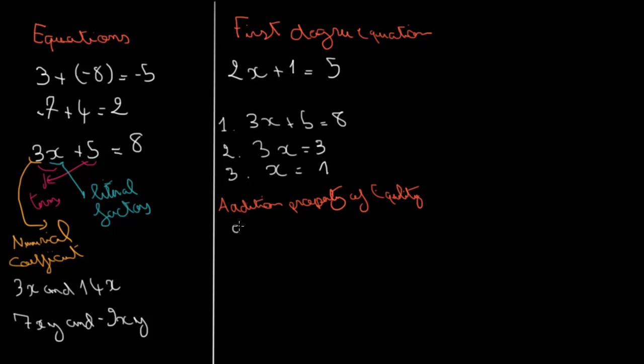Suppose A, B, and C are real numbers, then A equal B if and only if, this symbol is called if and only if, A plus C equal B plus C. And you can see that this number C is a real number.